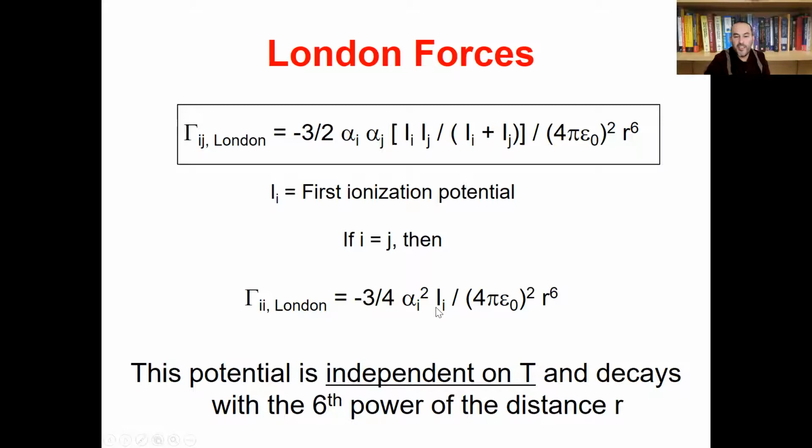Remember, ionization potential is the amount of energy required to take away one electron. If it's easy to take an electron, it also means that the molecule is polarizable, so it is more susceptible to the electric field or forces around it. Because of this inverse relationship, this whole thing is about the same.